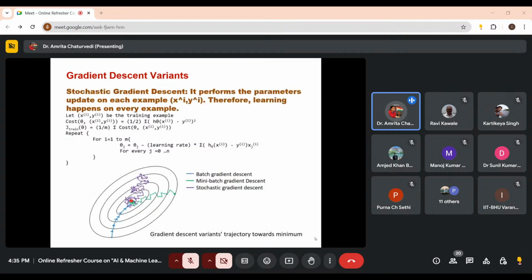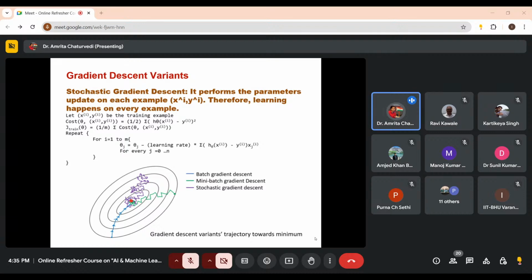Another one, which is your fastest among your gradient descent, is your stochastic gradient descent. So what it does is it does not take any batch at all. It performs the parameter update for each and every instance in the data set. Okay, so therefore your learning happens for every example.